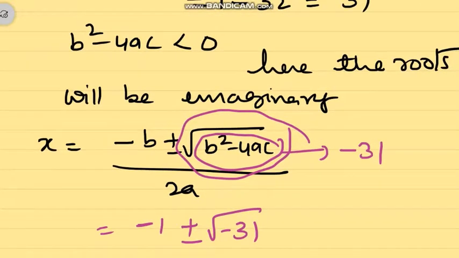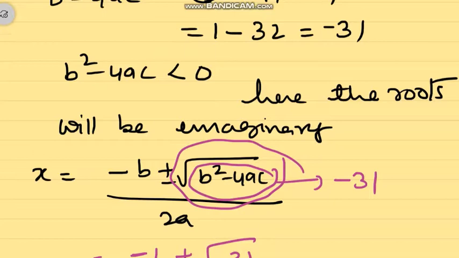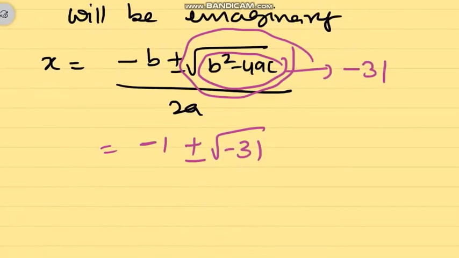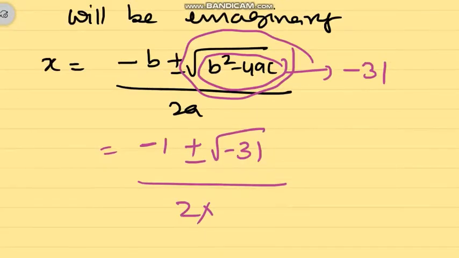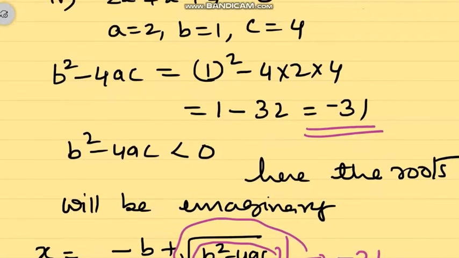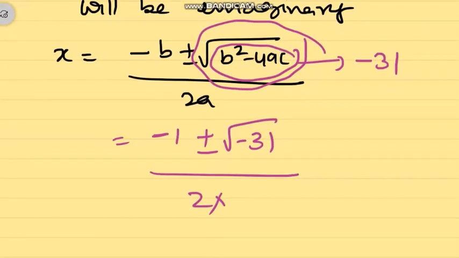So we will be putting minus 31 inside the root and 2 into a. What is your a? Your a is equal to 2. So put 2.